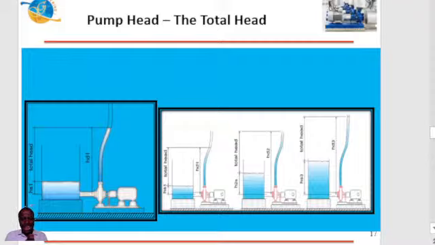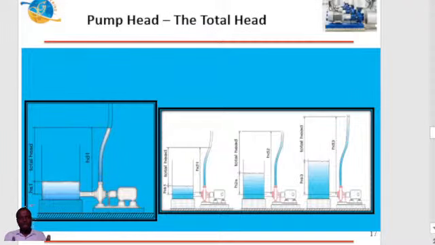Pump's total head. Now, a much more useful concept of head as far as a centrifugal pumping system is concerned is the difference between the liquid level in the suction tank. Don't forget, I said by the time your pump is being put into operation, your suction level will be varying, because there will be a constant flow of liquid to your suction tank.